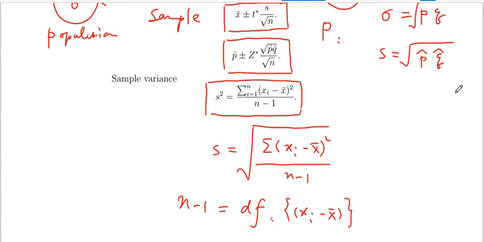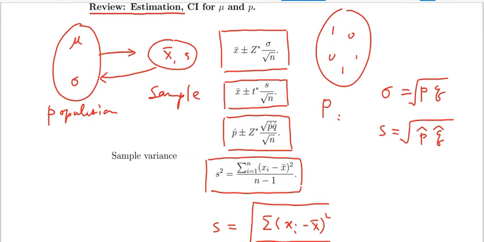So this is one purpose of a sample: from the sample's information, we estimate the population's information, from sample to population.